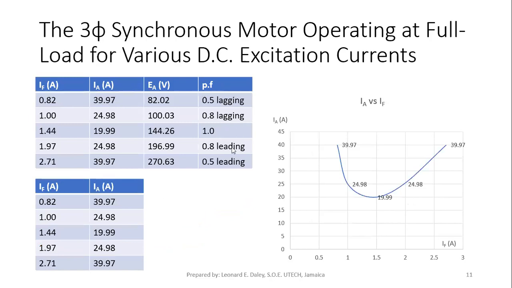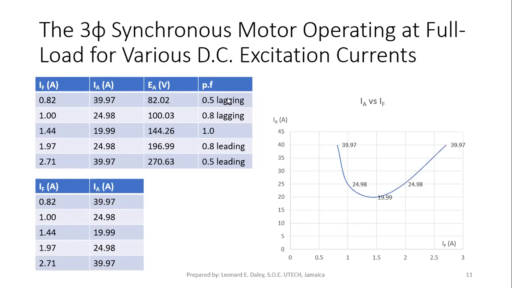So I did a tabulation of the results that we had. Here now you will see excitation changing. The excitation current, the DC current, we see it increasing here from 0.82 up to 2.71. And as it increases, we see IA changing and the power factor also changing.